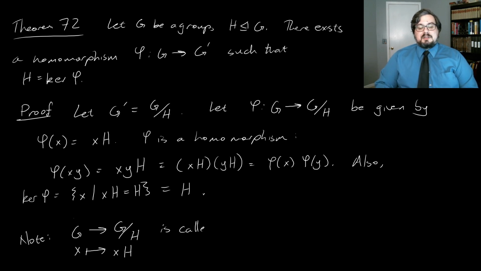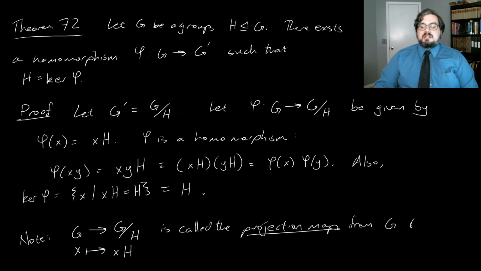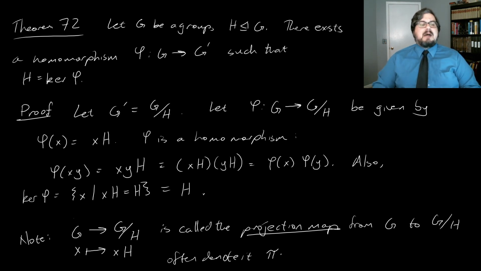This is called the projection map from G to G mod H, and we often denote it pi, for P for projection. However, you shouldn't assume that if a map is called pi, it is necessarily a projection like this, but it is a pretty common convention to use.